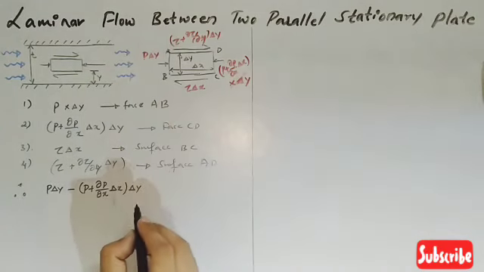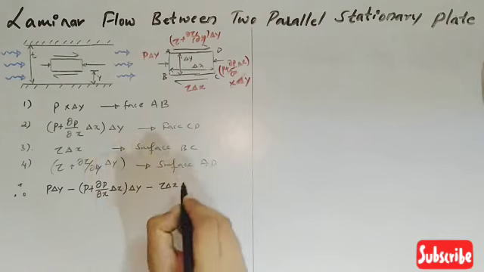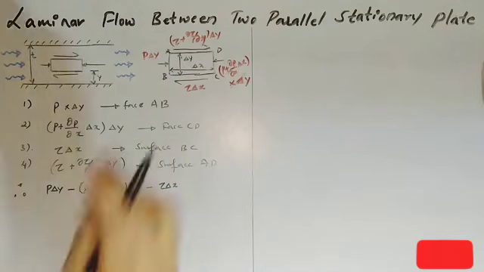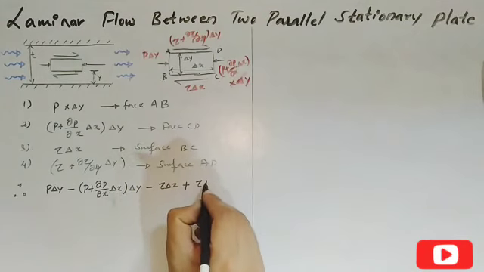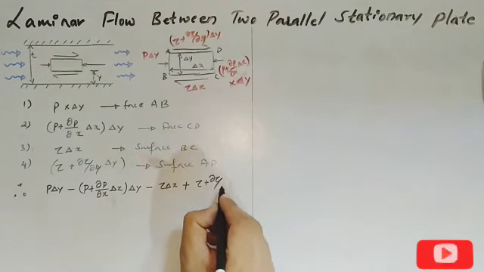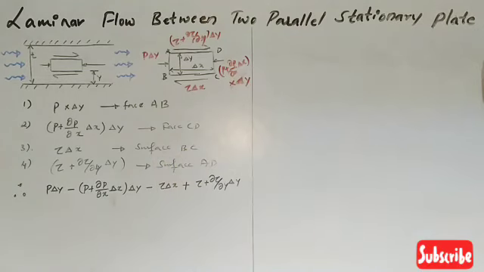Then again, this also acts in the opposite direction, so it will be minus tau into delta x, and this is in the same direction, so it will be plus tau plus dou tau divided by dou y into delta y.